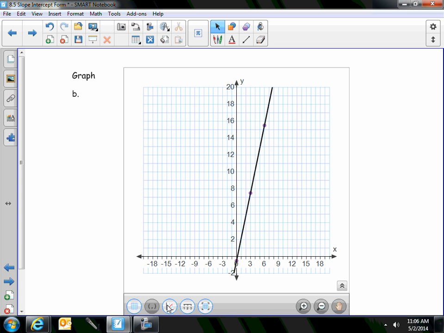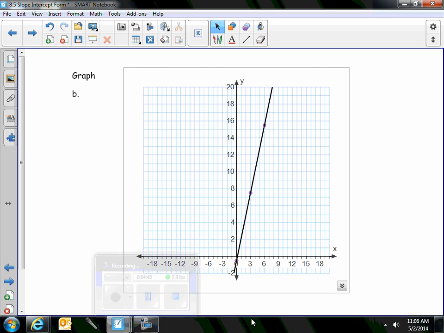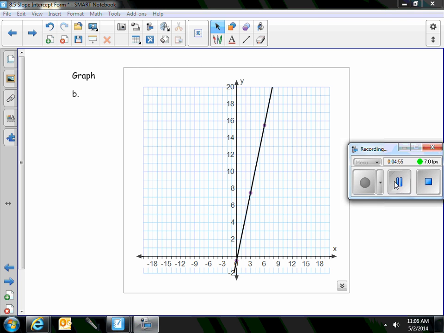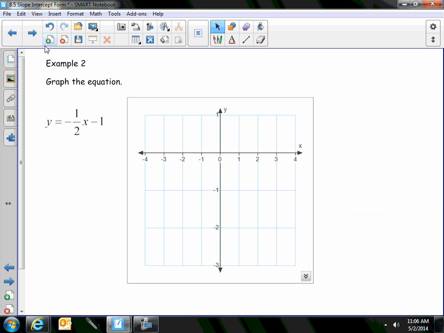Draw your line and arrows at the end of each. So this graph right here is a graph of y-intercept of negative 2/3 with a slope of 8/3.